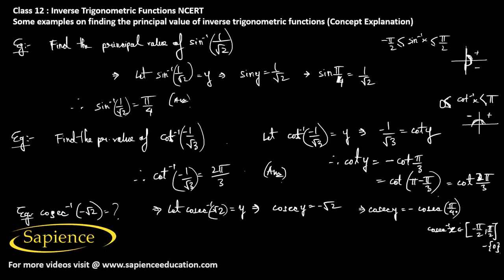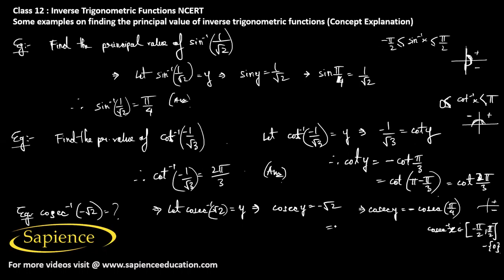So it lies in the fourth quadrant and in the first quadrant. In the fourth quadrant it has negative value, in the first quadrant it has positive value. Since it is a negative value, the angle should be in the fourth quadrant.